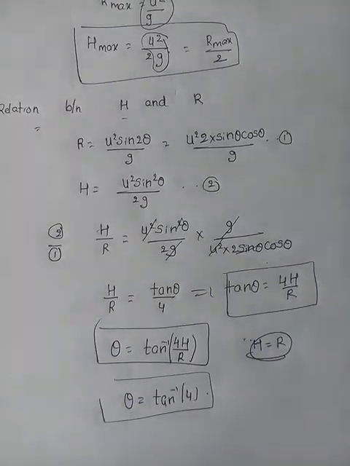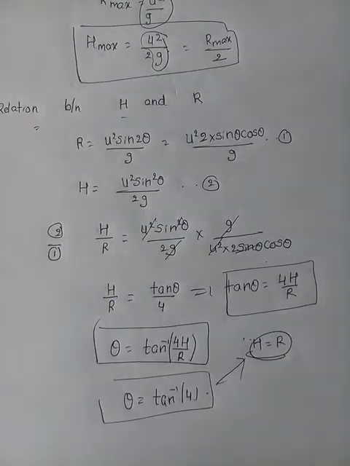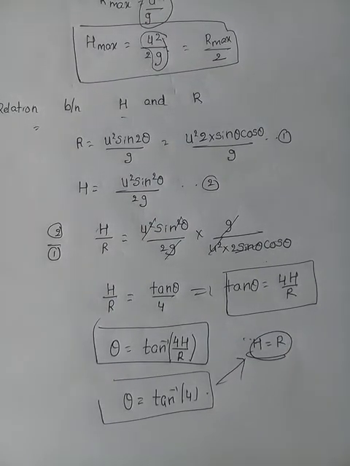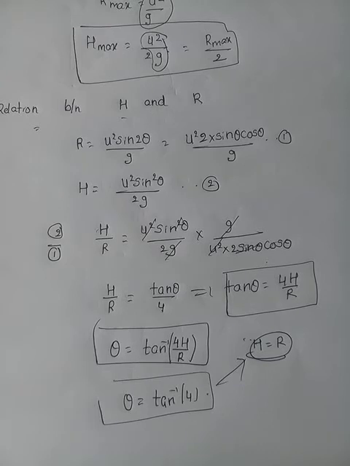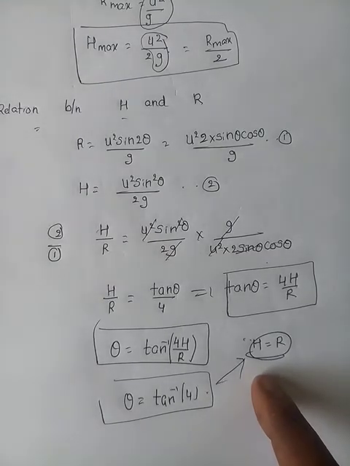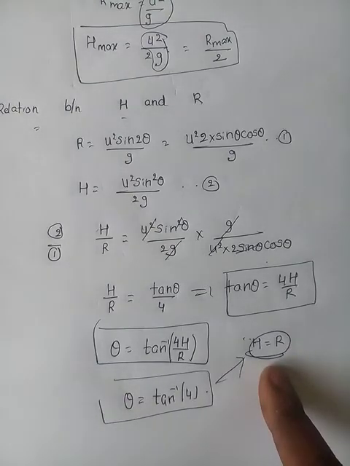If you project at this angle, then height is equal to range for any projectile irrespective of velocity. It completely depends upon the angle of projection. So when you project at an angle of tan inverse of 4, height equals range.